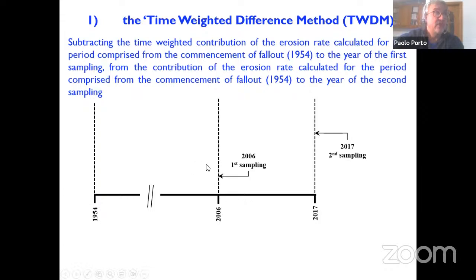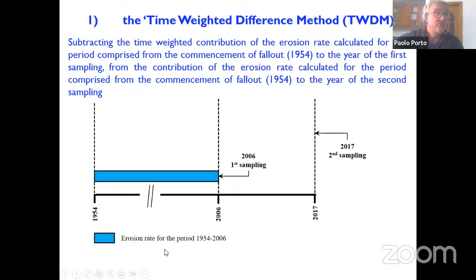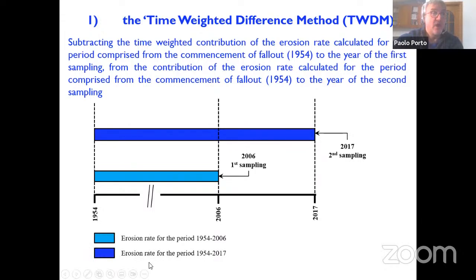So in 2006, we had information on erosion rate for the period 1954 to 2006, the traditional cesium approach. So we repeated the same investigation and the same analysis 11 years later. So we had the erosion rate for the longer period, 1954 to 2017.